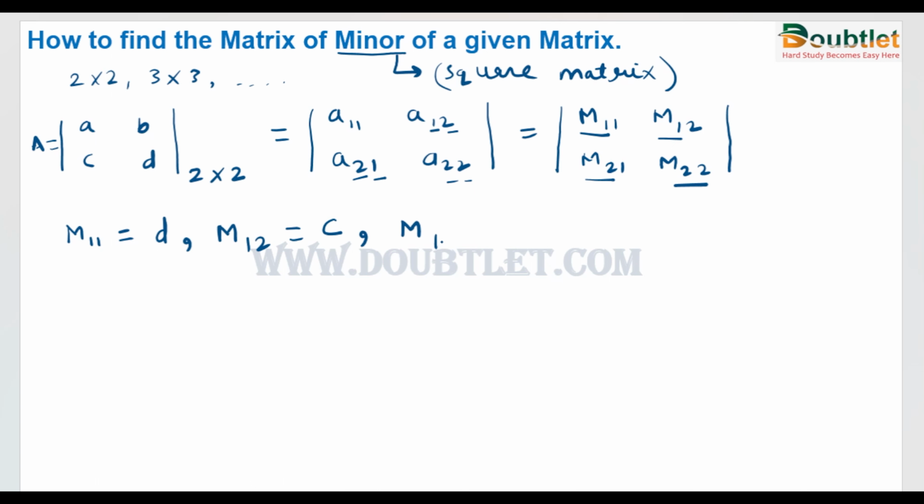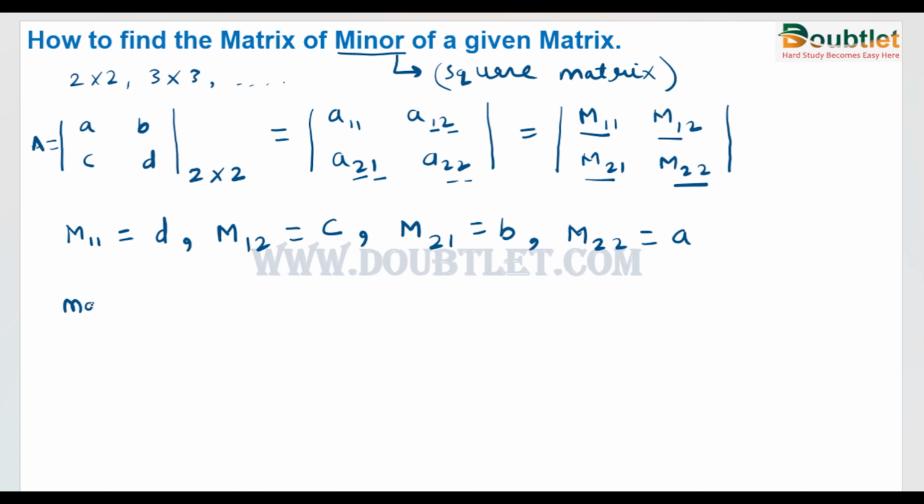Then we write M21. We will remove the second row and first column, then B will be remaining. So the value of M21 is B. Now to find the value of M22, we will remove the second row and second column, and the remaining element is the value of M22.